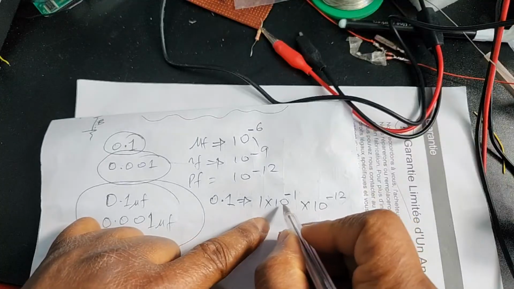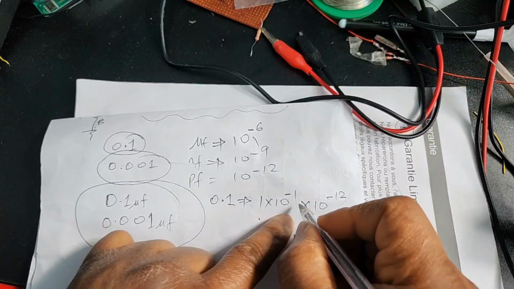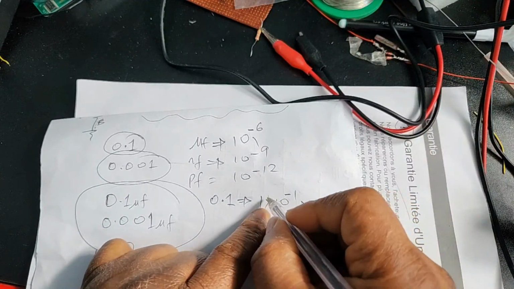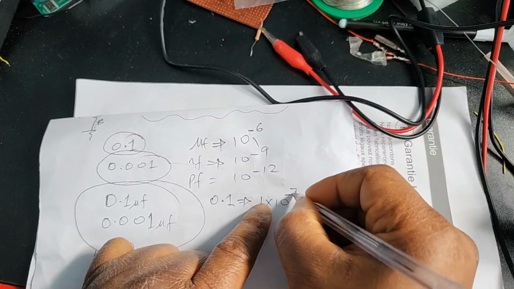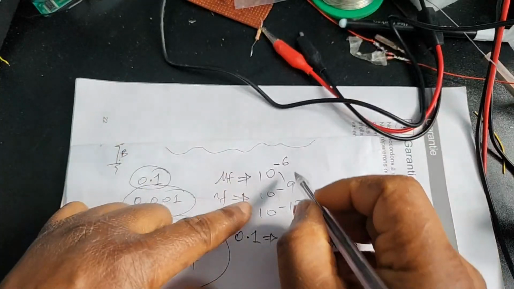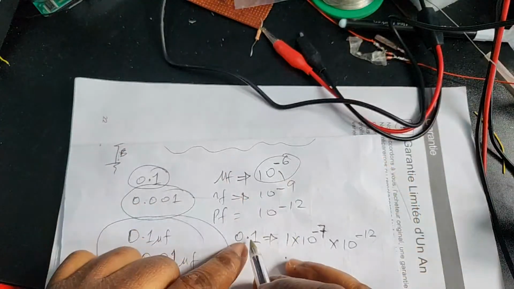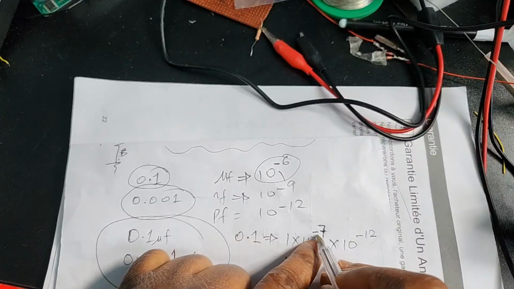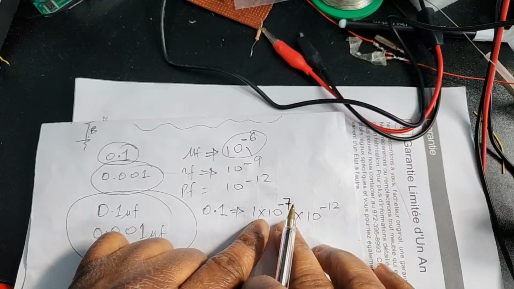Sorry, I didn't put the unit. So when I put the unit, it's going to be minus 7, because right here you have minus 6 already. Then you move one decimal place, so it goes minus 7. So this is the conversion.